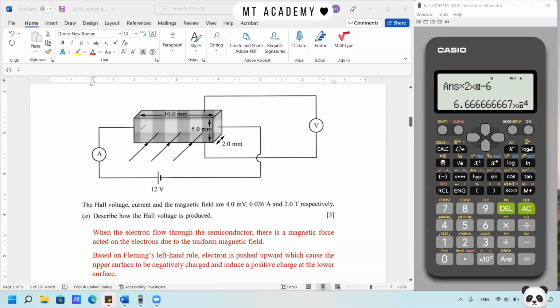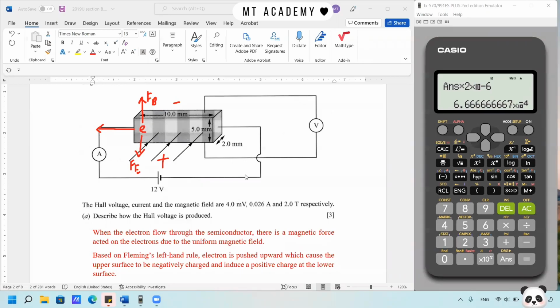So we have the magnetic force upward, and with negative and positive, you will have a downward electrostatic force, so in the end, the electron is able to move horizontally across the semiconductor. This is the overall phenomenon of the Hall voltage.